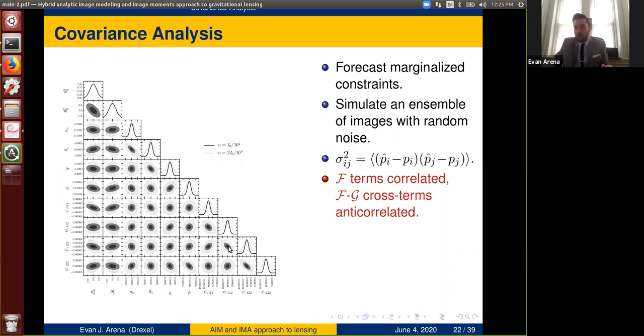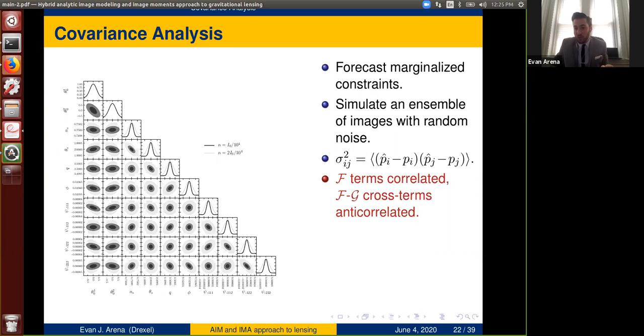Whereas something like this, which is cross terms between f and g, are anti-correlated. The ellipse points the other way, which we would expect. We also see that ns and theta s are anti-correlated, which makes sense since steepness and size are going to be inversely related.